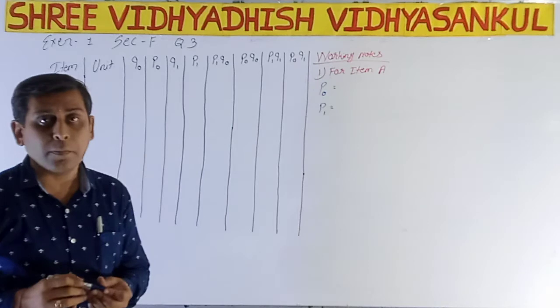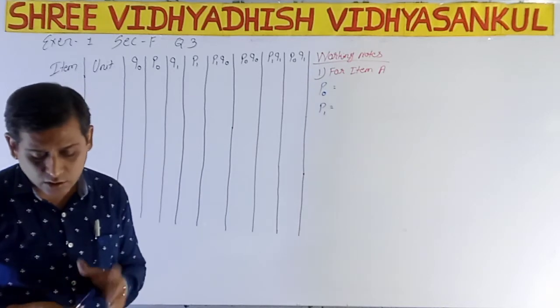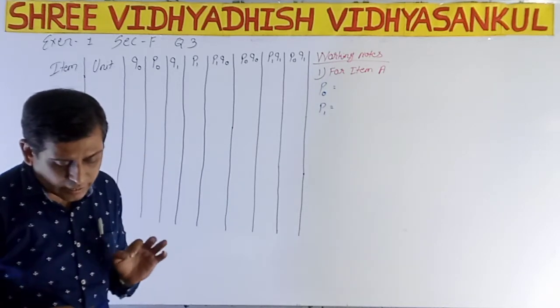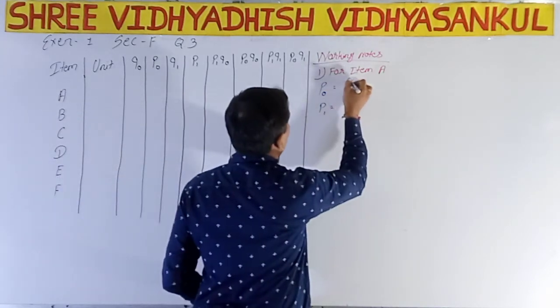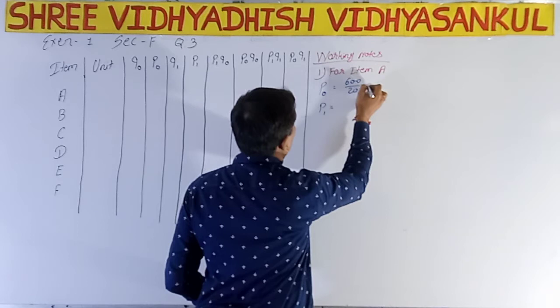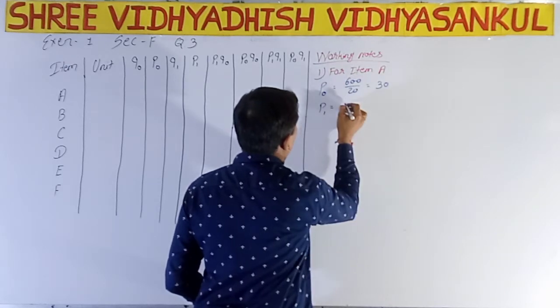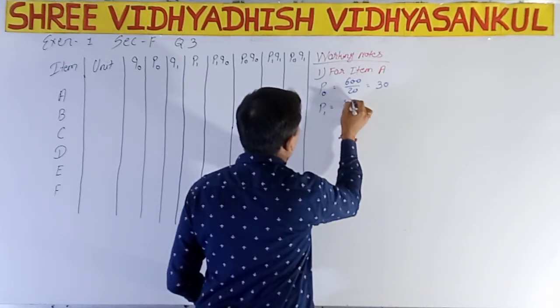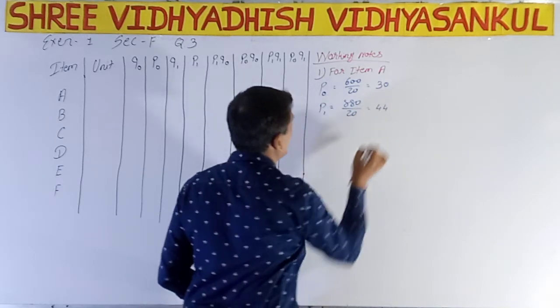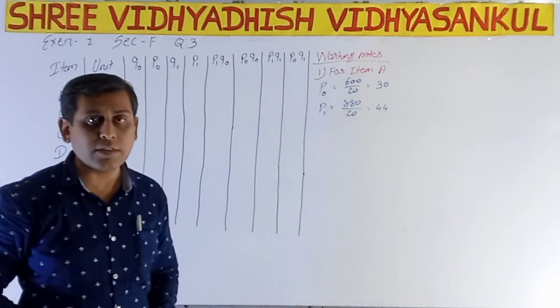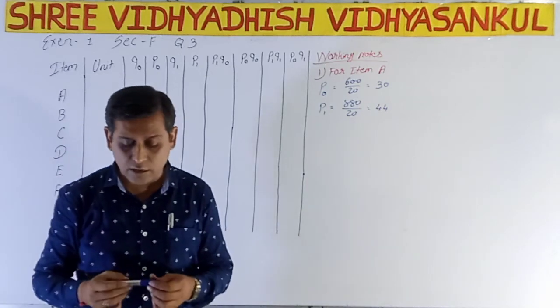Price of the base year is 600 and 880 for the current year. So 600 divided by 20, so here 30 is the price of the base year, and 880 divided by 20, that is 44, is the price of the current year.